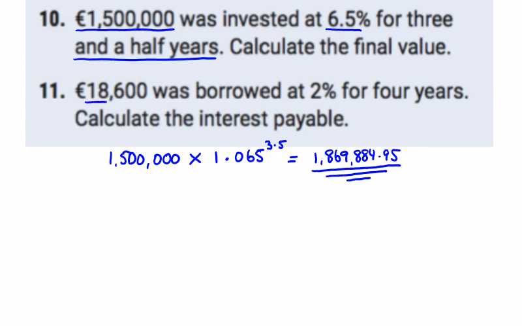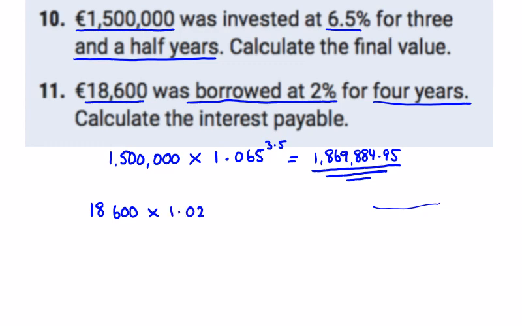Now, this person doesn't own the 1.5 million because they're borrowing 18,600 at 2% for 4 years. So the interest payable, we'll do this the same way, 18,600. If you're borrowing at 2%, then you don't pay back for 4 years. 1.02 to the power of 4 will give you how much it accumulates to.